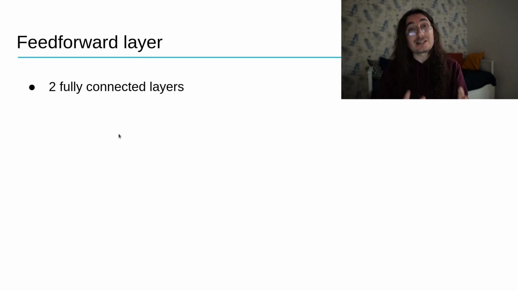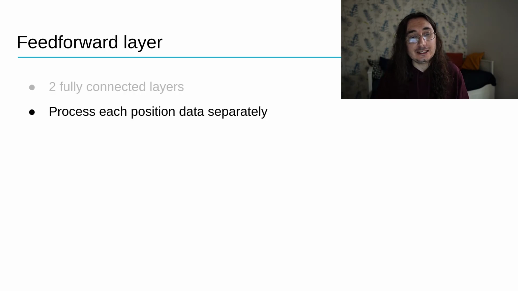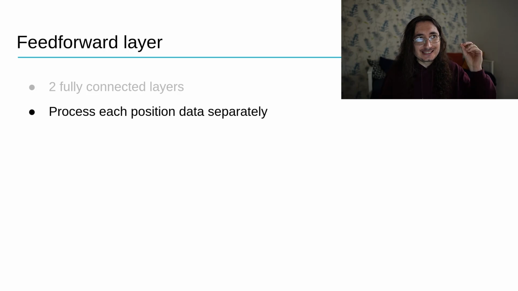This is possibly the simplest layer that you can find in the entire transformer. This is really a simple, dense layer. Actually, most of the time it's 2 fully connected layers. They tend to process each data point separately, and by data point I mean each word.